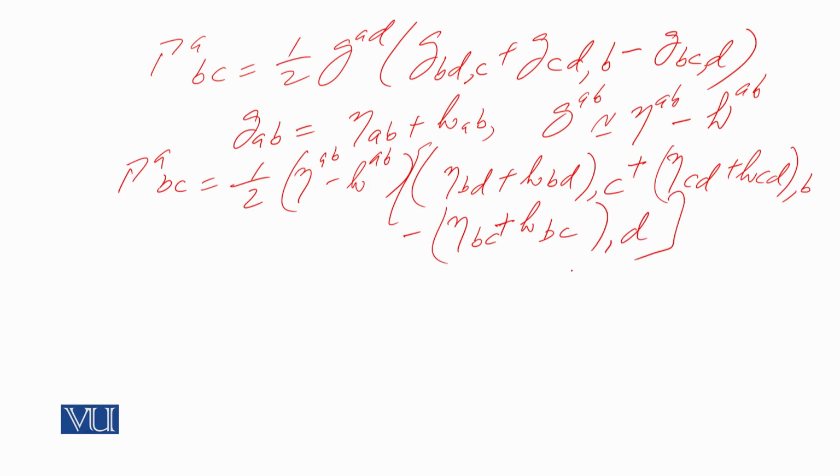Now you can see, because this is Minkowski space-time, its derivative will be 0. So in all cases this becomes 0. In fact we are using this symbol because this is an approximation, 1 by 2.